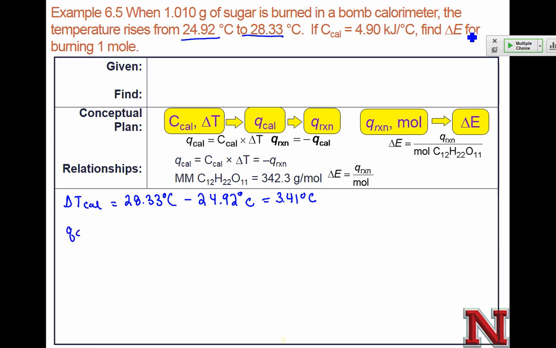Now to figure out our Q of our calorimeter, we take our C calorimeter and multiply it by that delta T that we just calculated. So this was given to us.